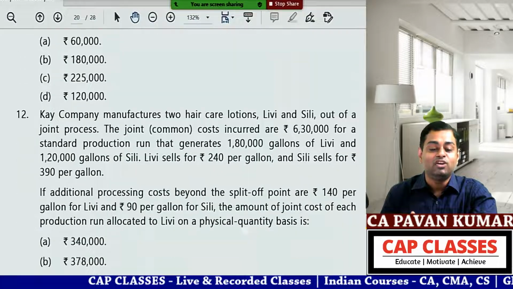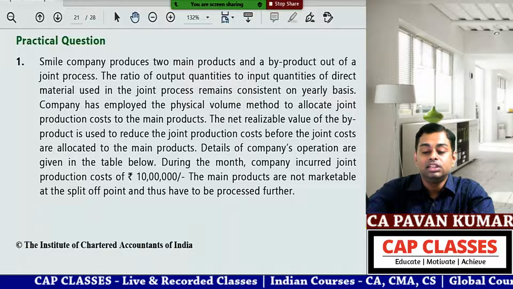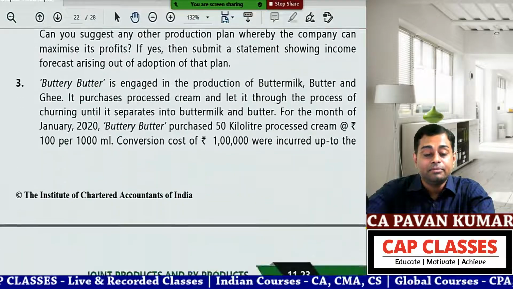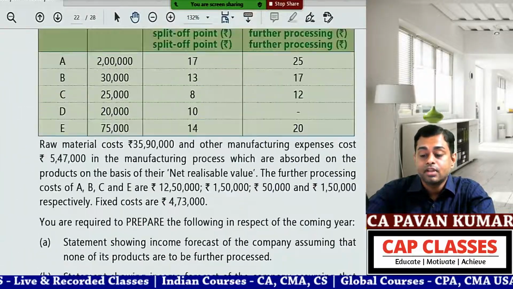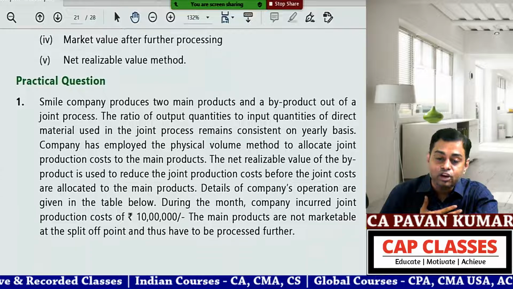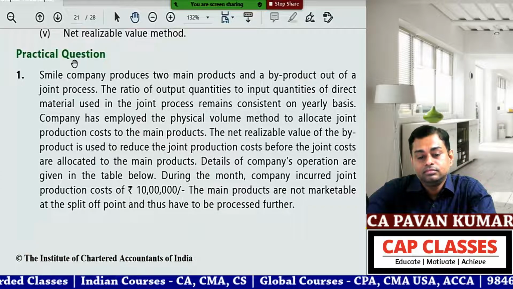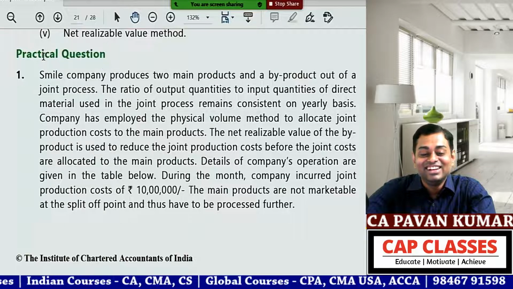I am explaining everything. What if I give this homework to you and you will not do? That is bad, no? How many practical questions are there, madam? 1, 2, 3, 4 questions are there. Now you tell me, Ramya, how many questions I'll do in the class and how many I'll give as homework? 50-50, sir.